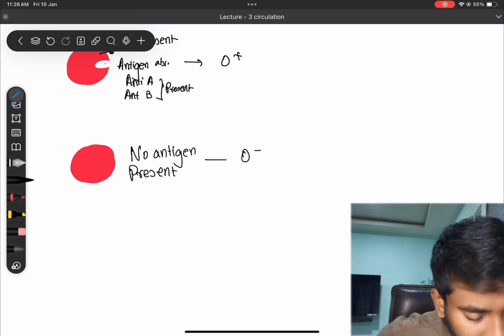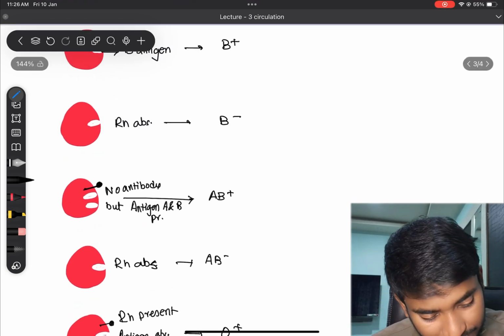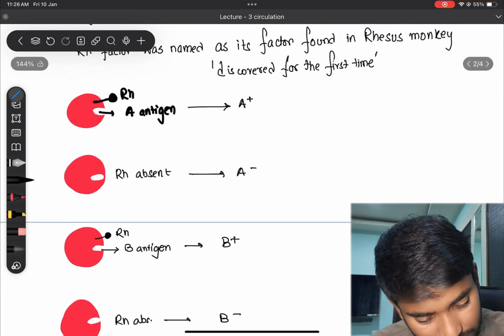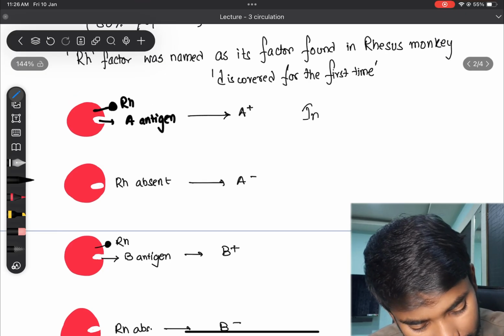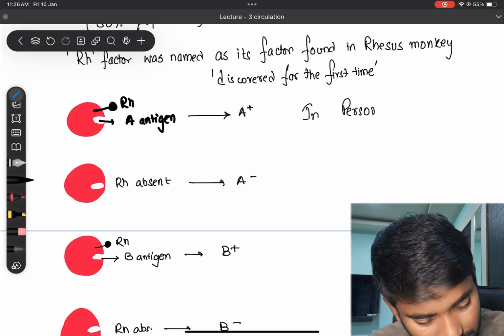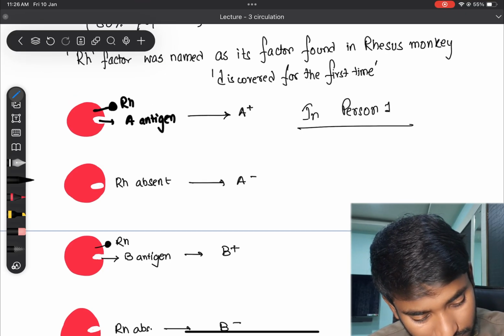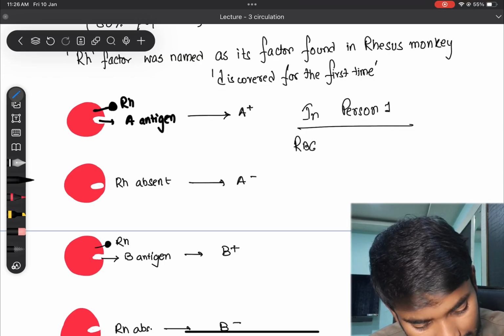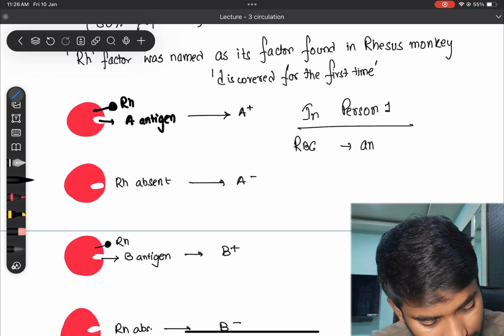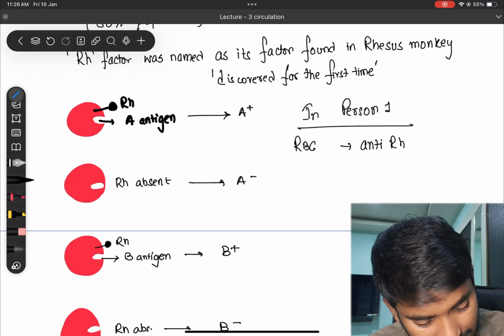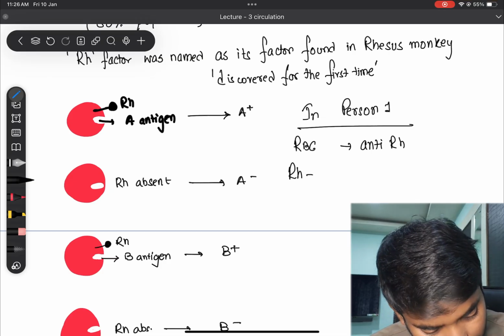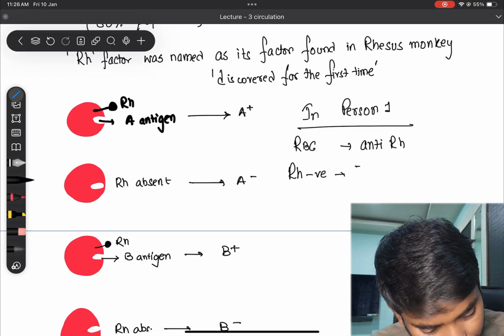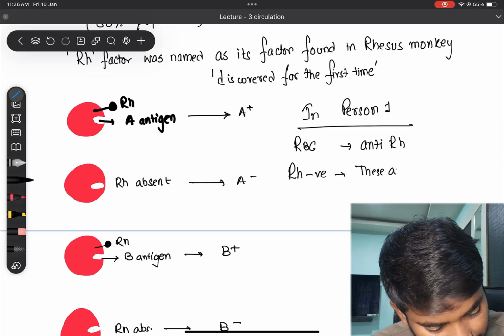Here we come to the next explanation. In person 1, the RBC contains the Rh antigen. So in Rh negative, these are not present.